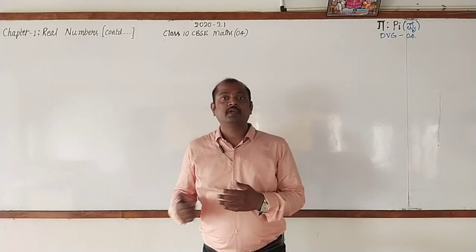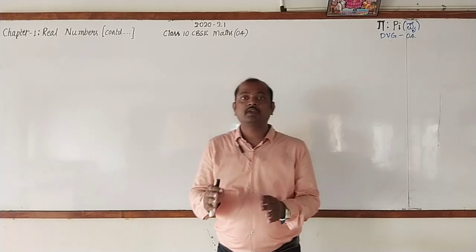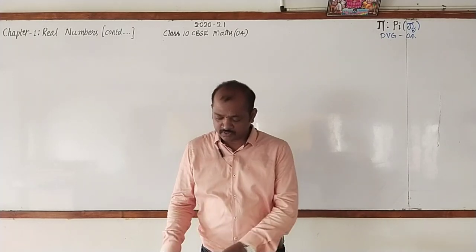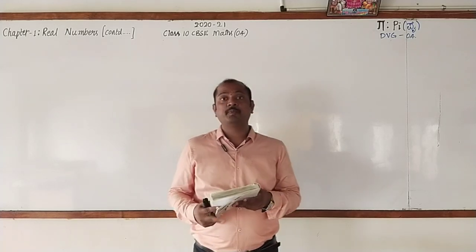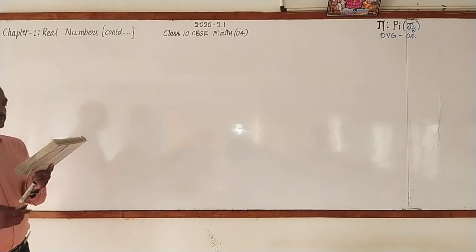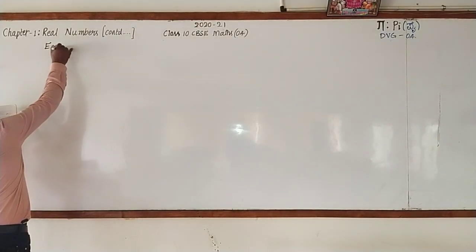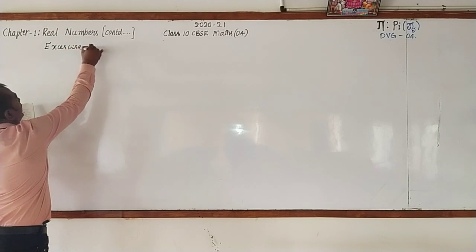Now, let us continue this chapter. In the next part of the chapter, we are going to solve the problems in exercise 1.1. So, you have to write with me the very first one. First you write the side heading, exercise 1.1.